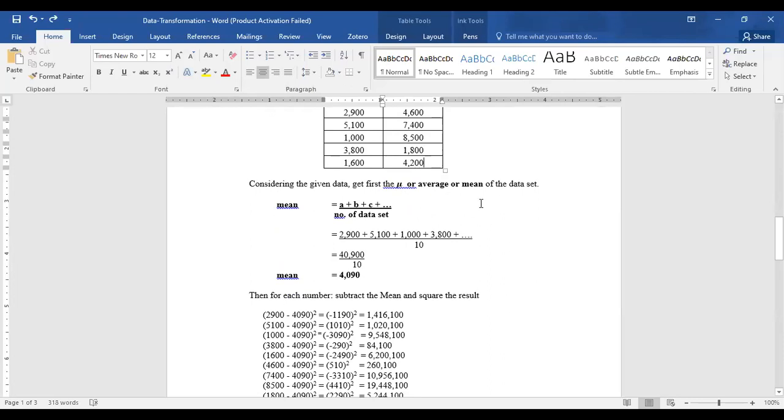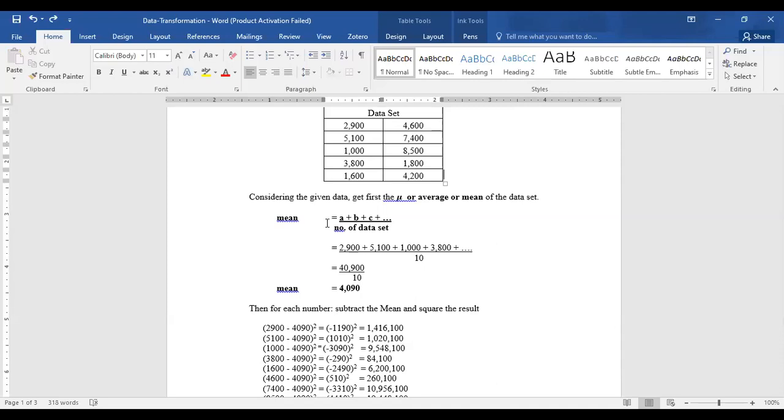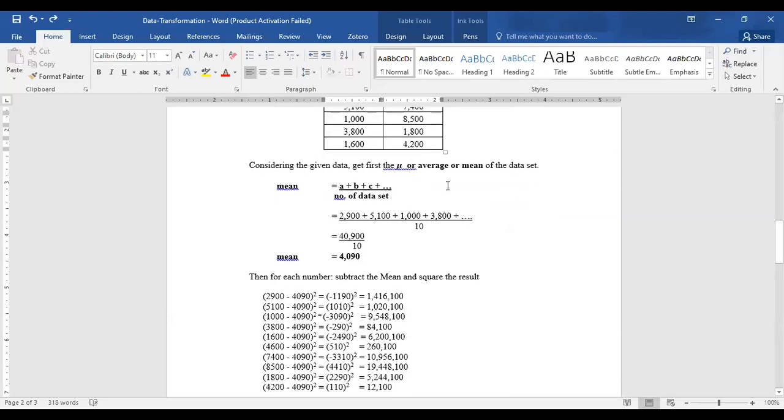When we say mean, class, it means the average of the data set. In Excel, we just use average. That's the beauty of Excel: we just put in the data set and use the built-in function average, and it computes the mean.